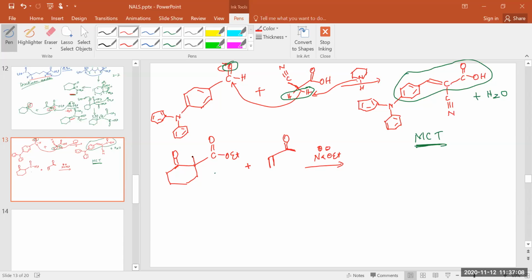It will quickly take this proton, the active methylene compound. Okay, so here it will go and it will form the nucleophile, and this is a soft nucleophile. What is a soft nucleophile? If you guys remember the Gilman's reagent type. Okay. So what happens? This one undergoes the reaction here, and this will go here.